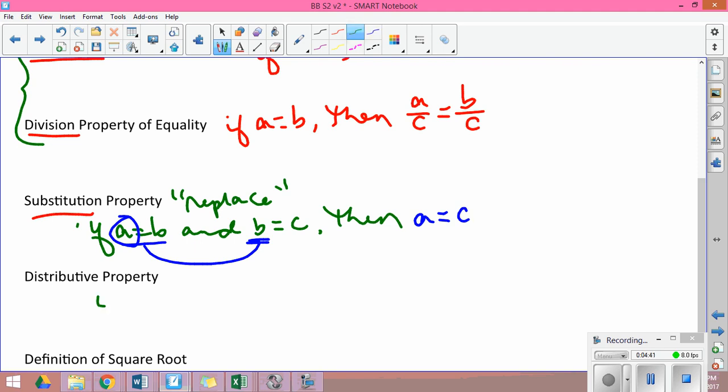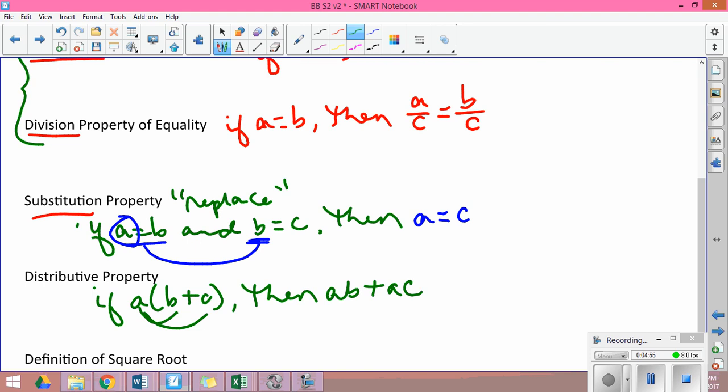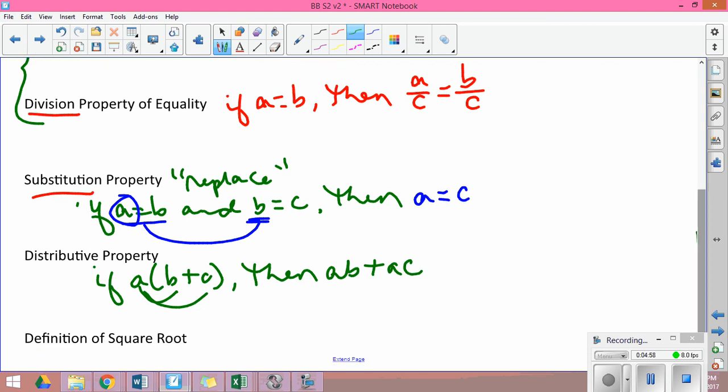Distributive property, if A times the quantity B plus C, then I know I can do that distributive property and I can write that AB plus AC is also the exact same thing.